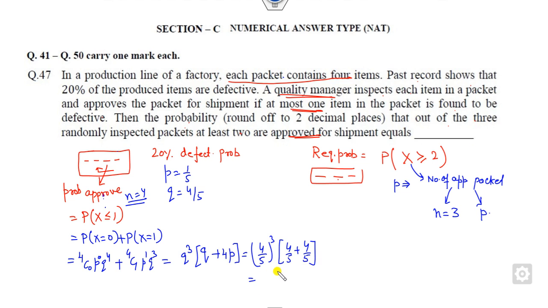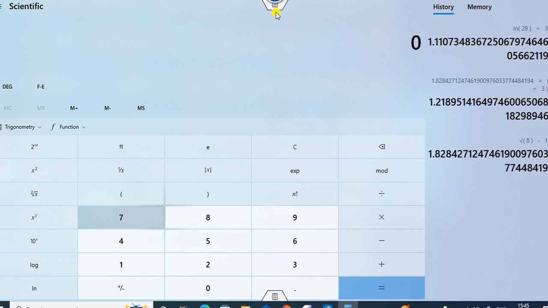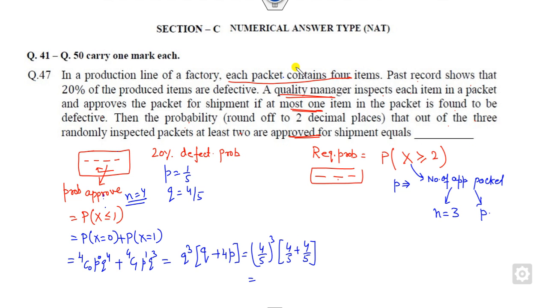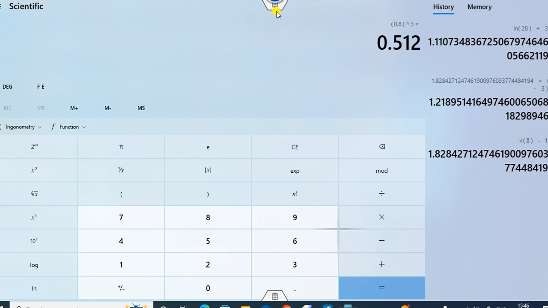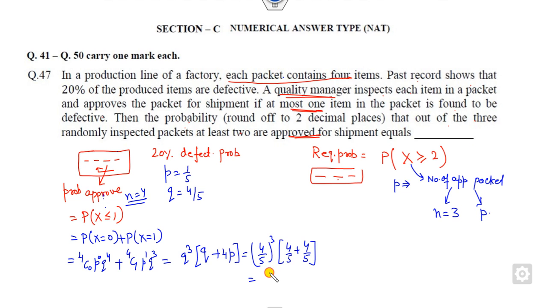I can compute this because you have the calculator in your examination. 4 divided by 5 is 0.8. This power is cube, and it's 8 by 5, so multiply with 8 divided by 5. So the answer is 0.8192.